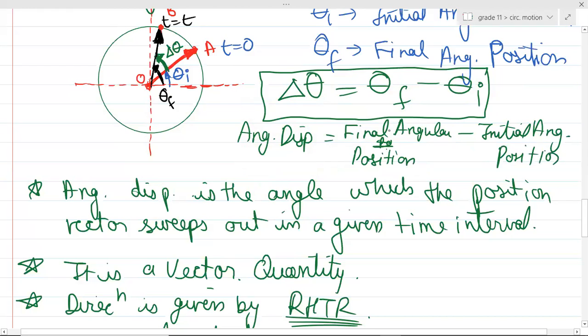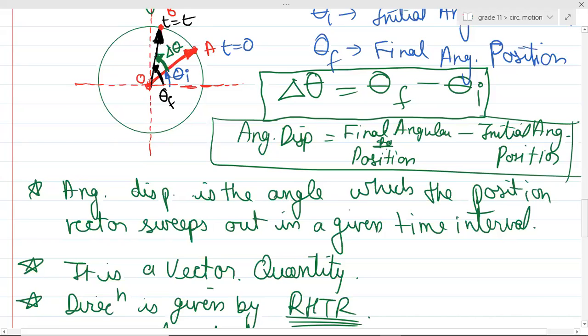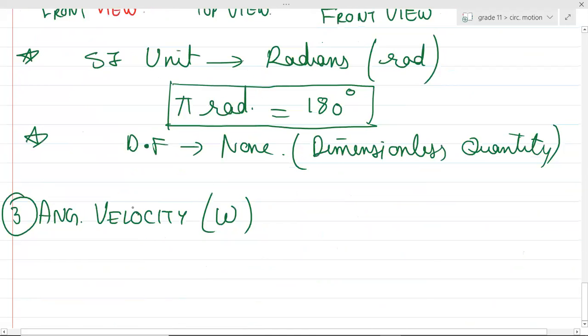Final position minus initial position. So can you see the same thing? So now what will be angular velocity? What was velocity? The rate of change of displacement. Angular velocity will be the rate of change of angular displacement. Sorry, sir.